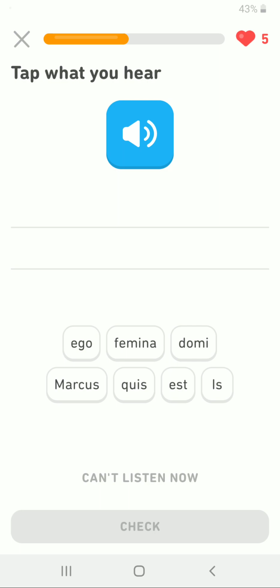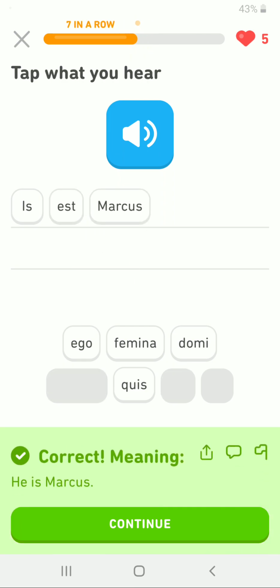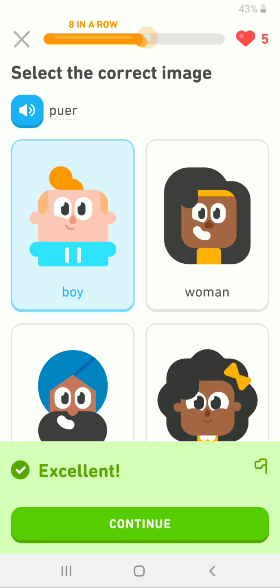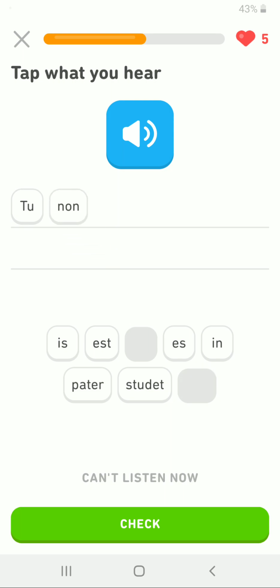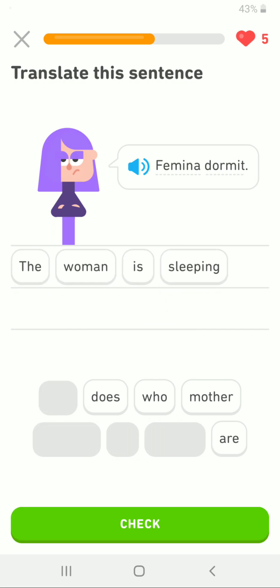Est Marcus. Is, it's he, est Marcus. So he is Marcus. Puer is boy. So we know how to say woman femina, and the girl is puella. Tu non es pater. So you are not the father. Femina dormit. So the woman is sleeping.